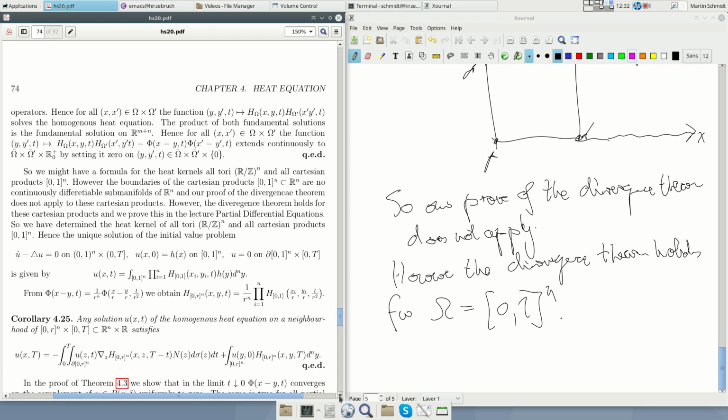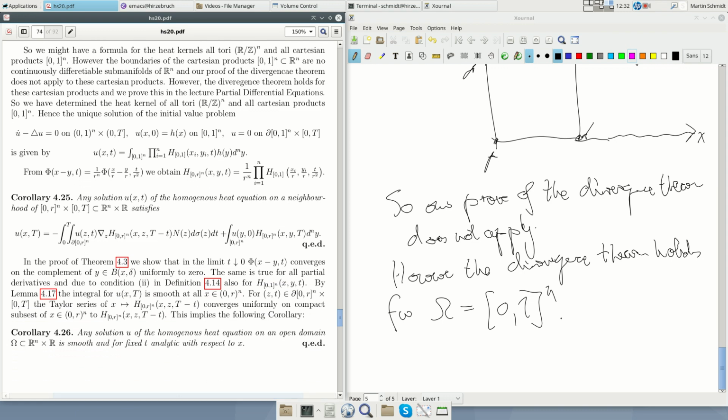In this way we may now write a formula similar to the Poisson representation formula. Now we obtain this formula for any solution of the homogeneous heat equation. If we know the values on the boundary, then we have this formula.